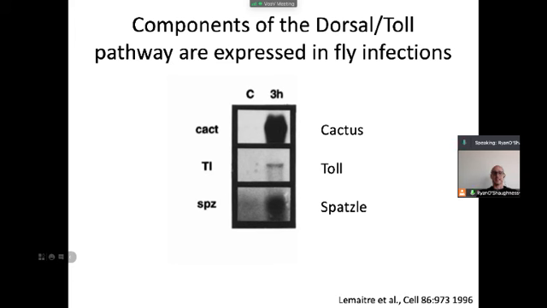And in these infections, so when you infect an adult fly, these key components of the dorsal toll pathway are expressed. So here again we have a Western blot, a northern blot. Why am I saying Western blot? It's a northern blot because we're looking at RNA. My apologies. Northern blot is RNA, southern blot is DNA, Western blot is protein.